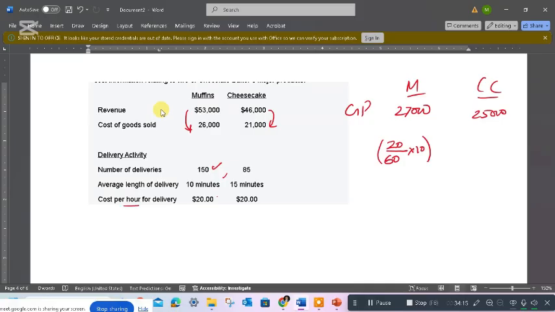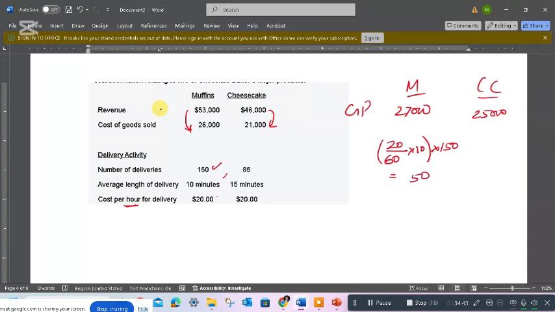20 per hour. I divide by 60 to get per minute. Multiply by 10 minutes, because each is 10 minutes, right? So 10. This is one delivery. How many deliveries like that? 150 deliveries. Check whether I'm right. That's $50. Only $50? 500.